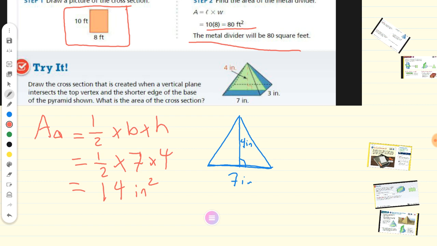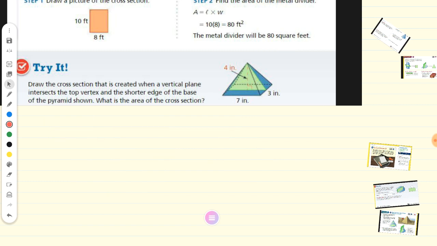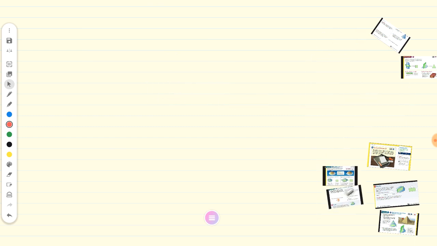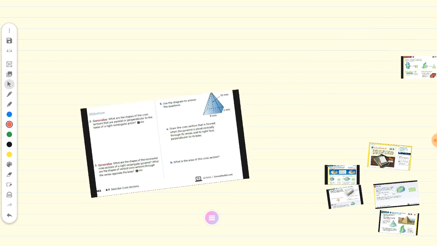Okay, this is how to solve. Again, take an exercise about it. So cross section is a very easy lesson to understand by yourself. So it's easy to solve.